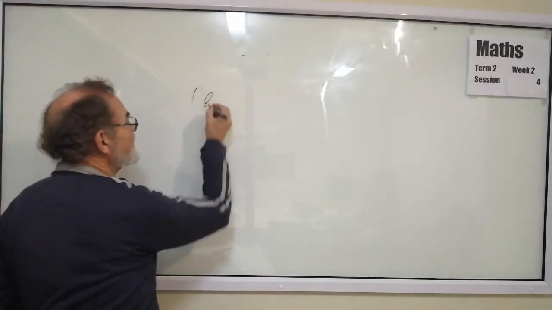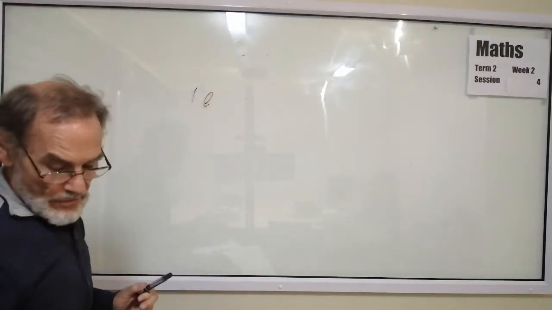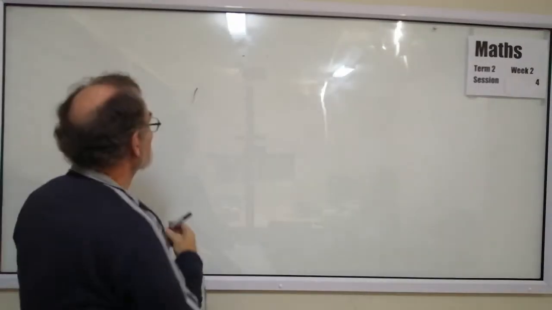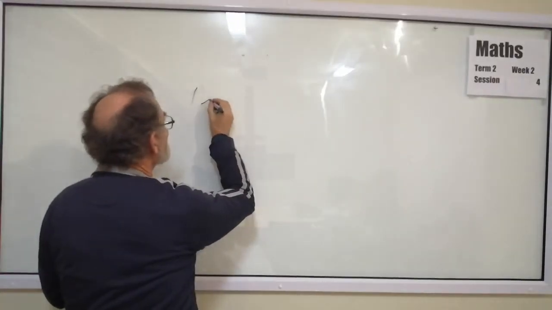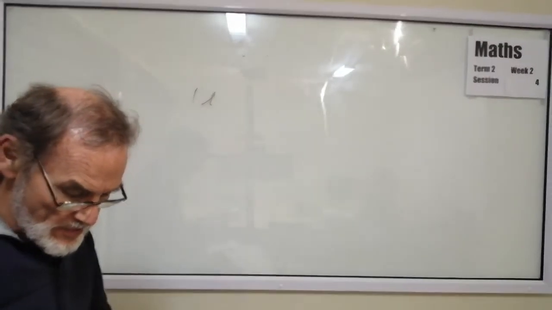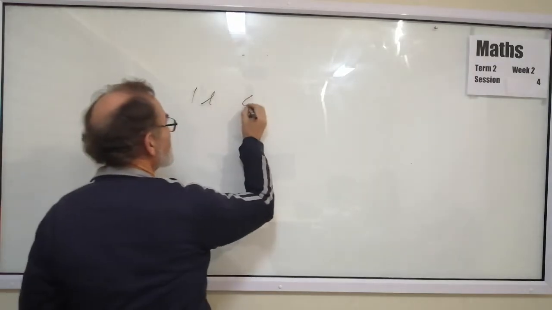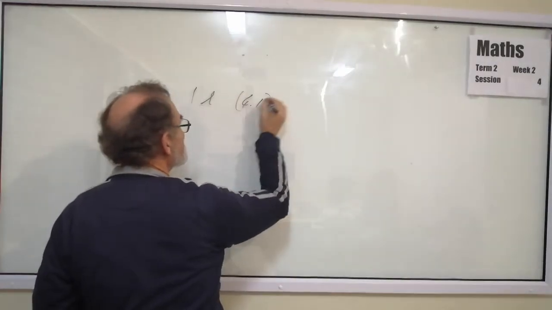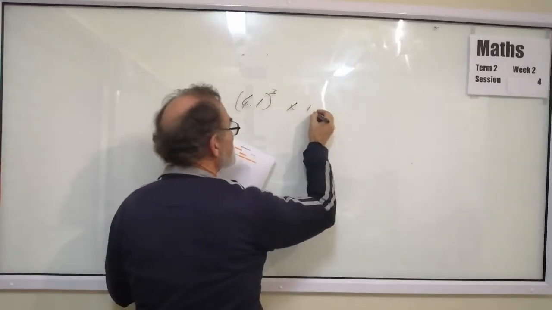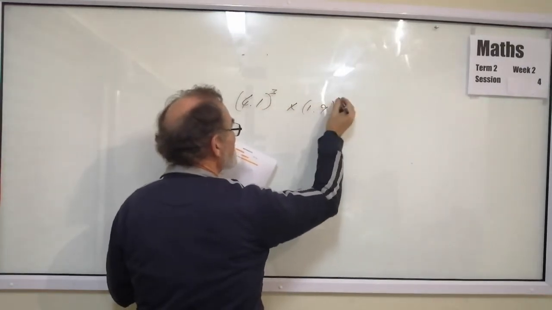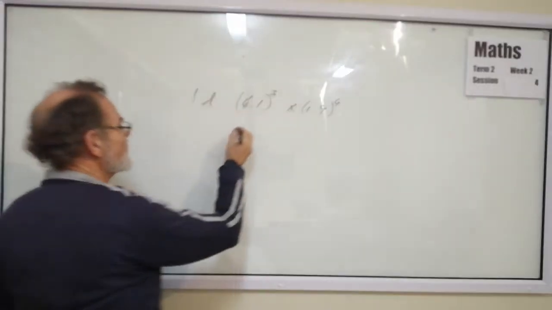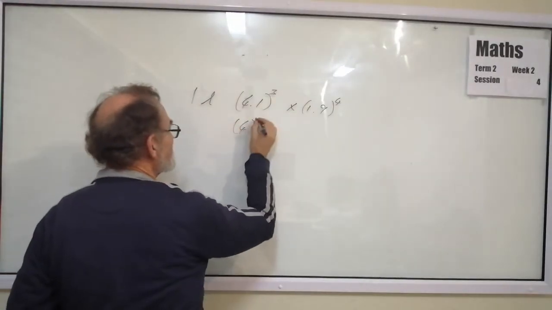1L. I better make this look more like an L. This is 4.1 cubed multiplied by 1.9 to the power of 4. So 4.1 is 4, so 4 cubed.